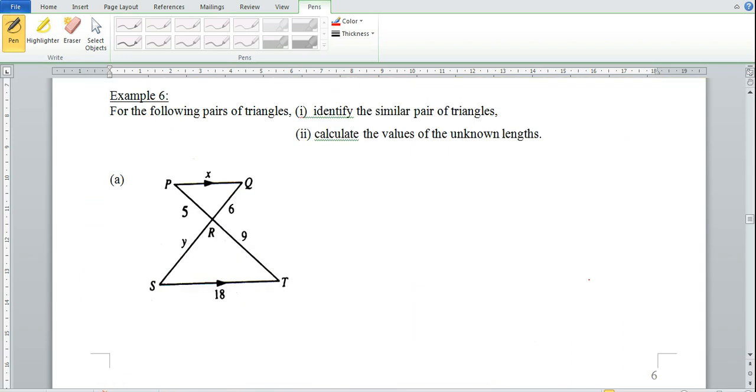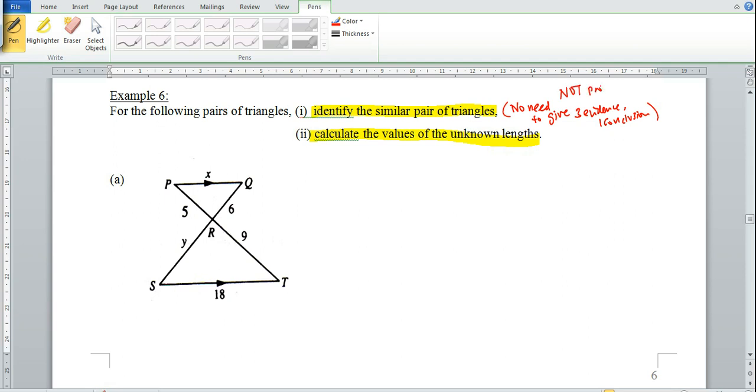Now let's look at example 6. Again, we are supposed to identify two similar triangles, and we are supposed to calculate the values here. For this example, they didn't require the 3 evidence, 1 conclusion statement, because this is not proving.